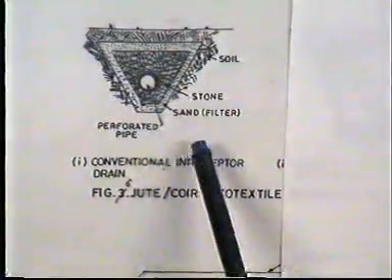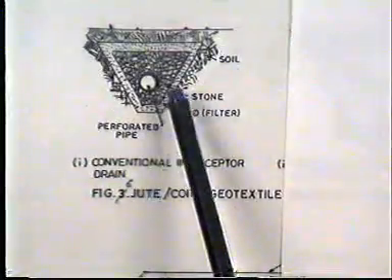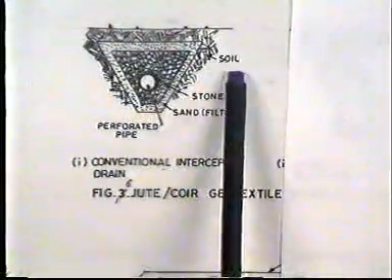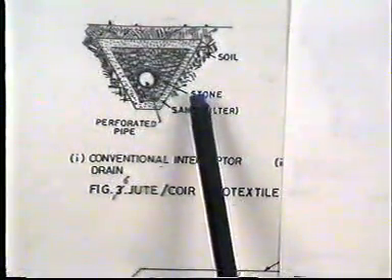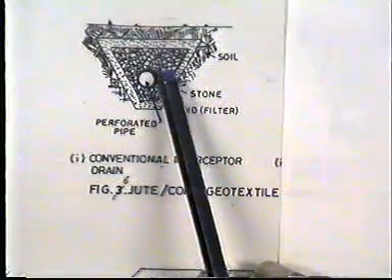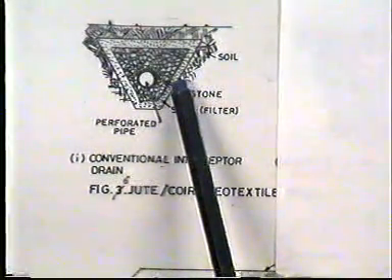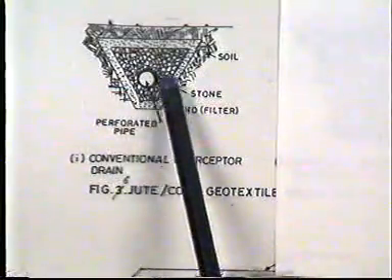Now, an interceptor drain consists of a shallow trench on either side of the road filled with graded aggregate filter with or without a perforated pipe.